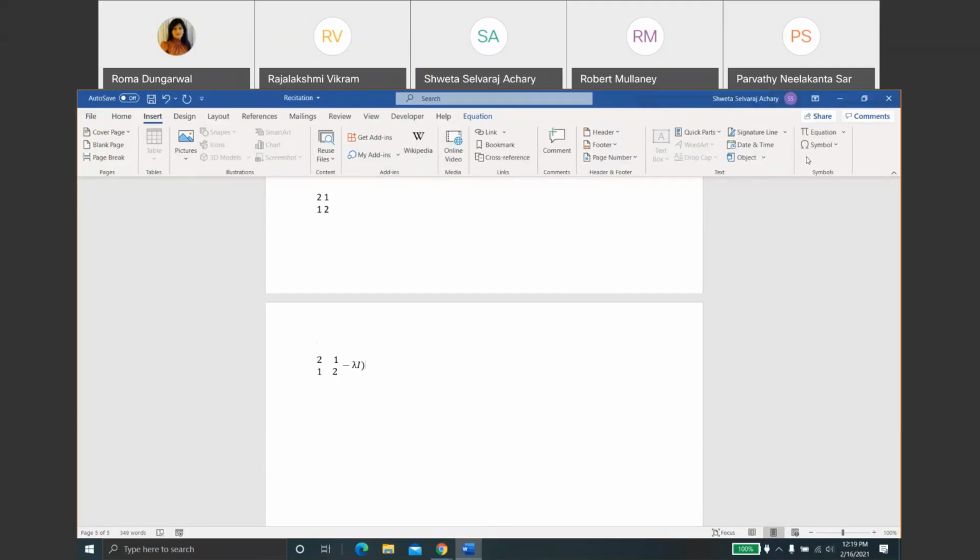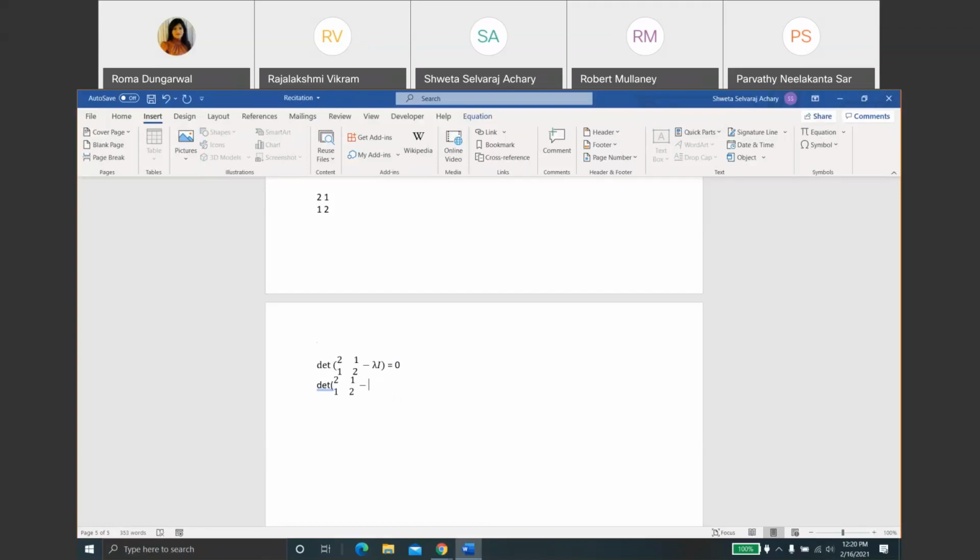Okay, so what you need to do is find the determinant of this entire thing and equate it to 0. So it is the determinant of this matrix 2, 1, 1, 2 minus, what is lambda I?